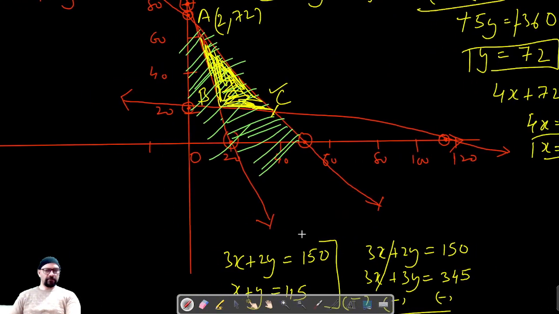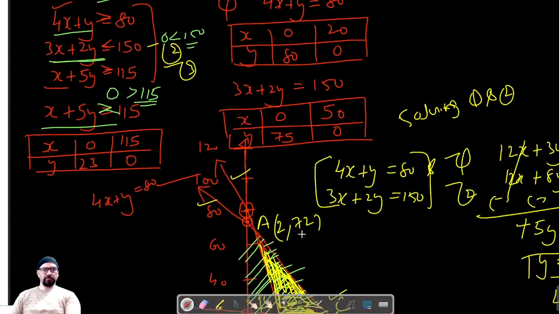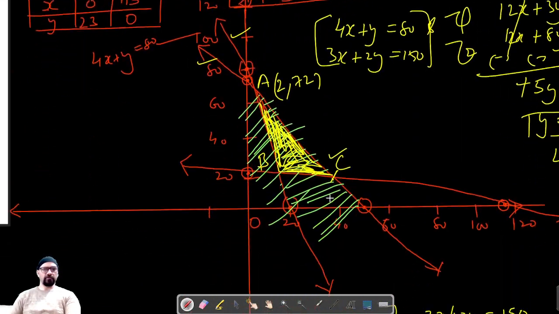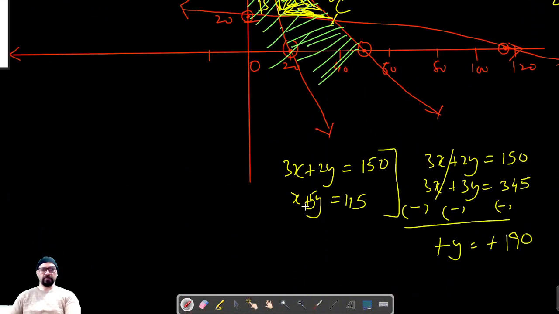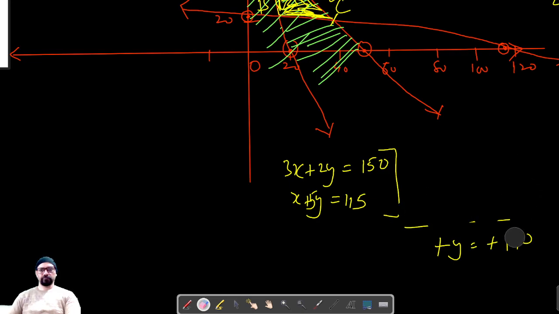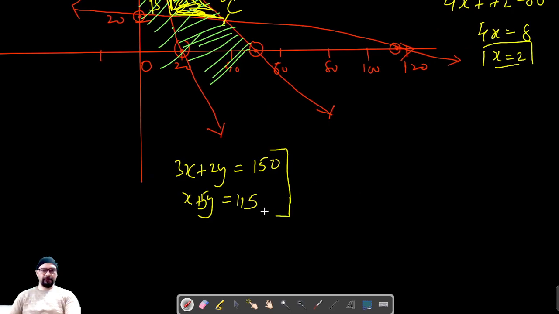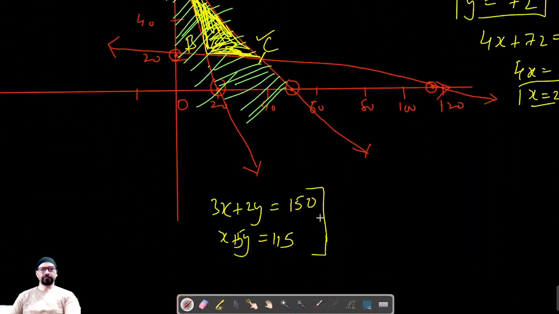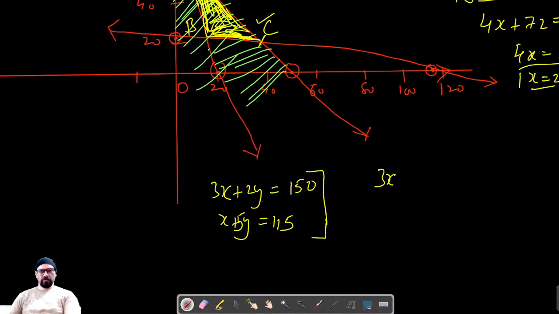Let me just check. It was 3x plus 2y is equal to 150, and this was actually x plus 5y. My mistake. So this is x plus 5y is equal to 115, and 3x plus 2y is equal to 150.